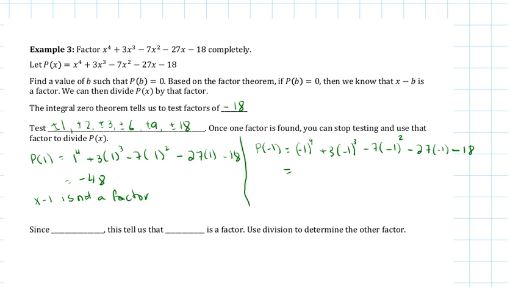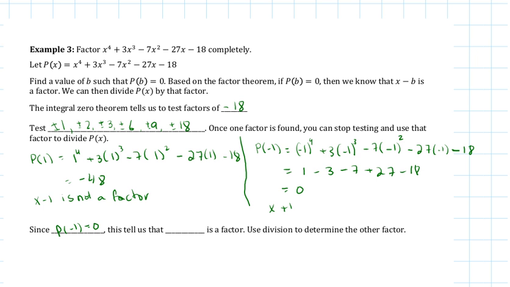All right, so that is going to give me 1 minus 3 minus 7 plus 27 minus 18, and that's going to equal 0. So that tells me that x plus 1 is a factor.